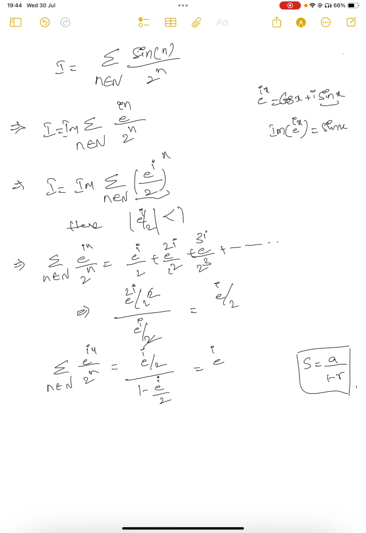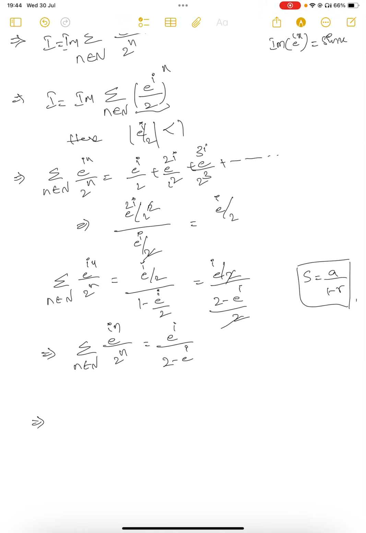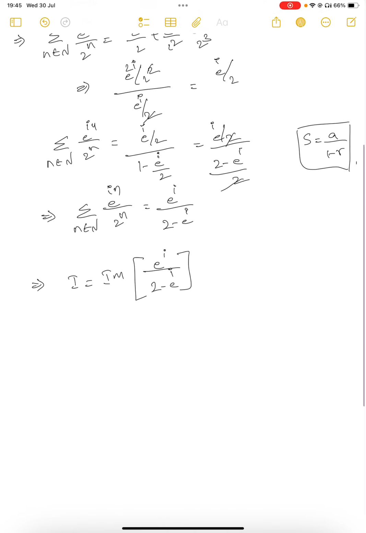Then it will be e power i by 2 divided by 2 minus e power i, and these two get cancelled. That means the summation n belongs to N of (e power i by 2) power n is e power i divided by 2 minus e power i. That implies I is the imaginary part of e power i divided by 2 minus e power i.